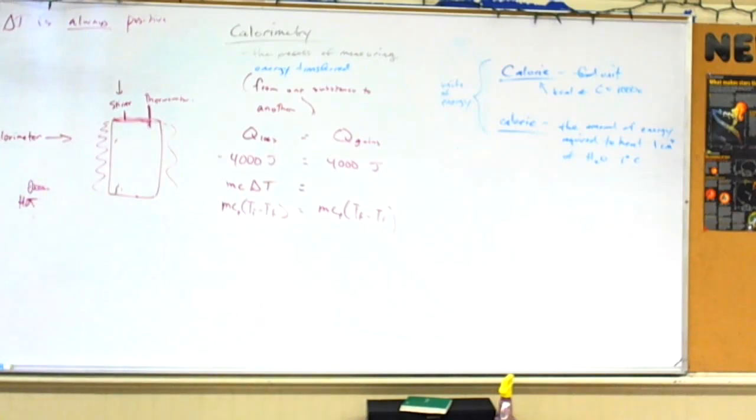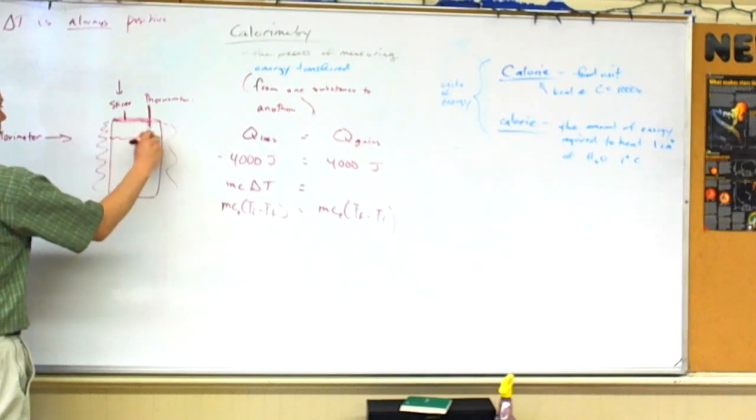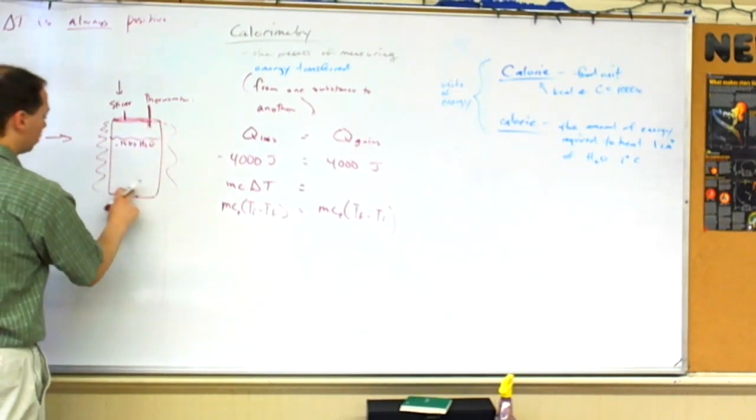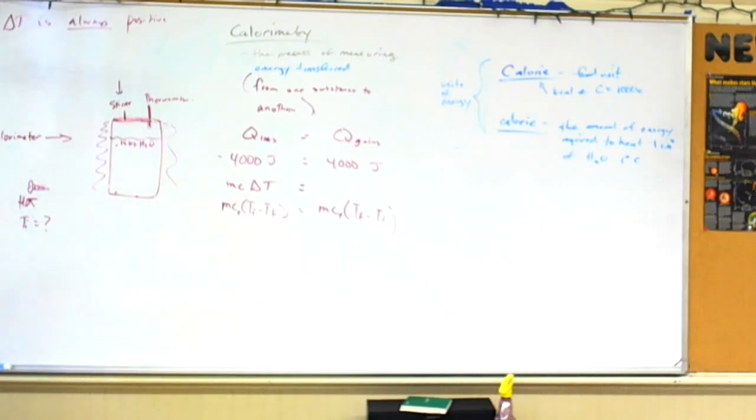We don't know how hot. In other words, we don't know its Ti, right? It's dropped into a beaker containing 0.15 kilograms of water at a temperature of, what was it, 21 initially?